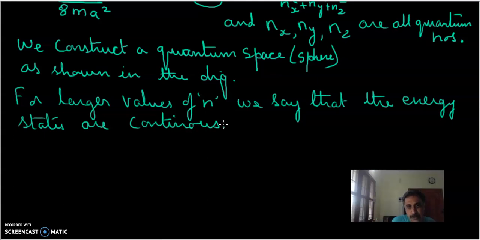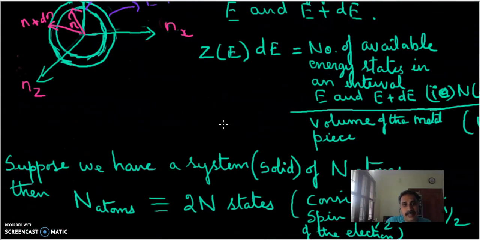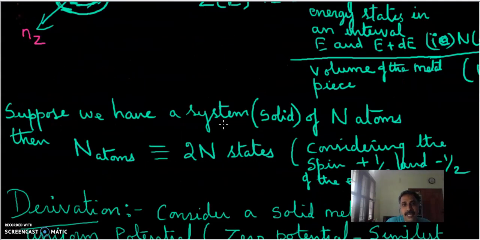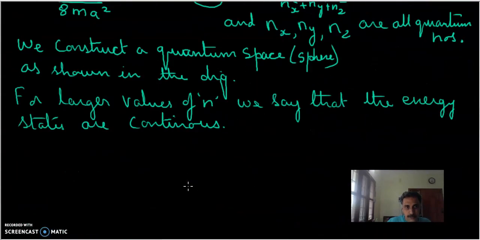For example, we have seen if there are n atoms, there are 2n states. Suppose this n is huge. If n is huge, to accommodate these 2n states, the energy bands become continuous. Energy states become a band. They become continuous. So that is what we are reiterating once again: for larger values of n, we say that the energy states are continuous, right?